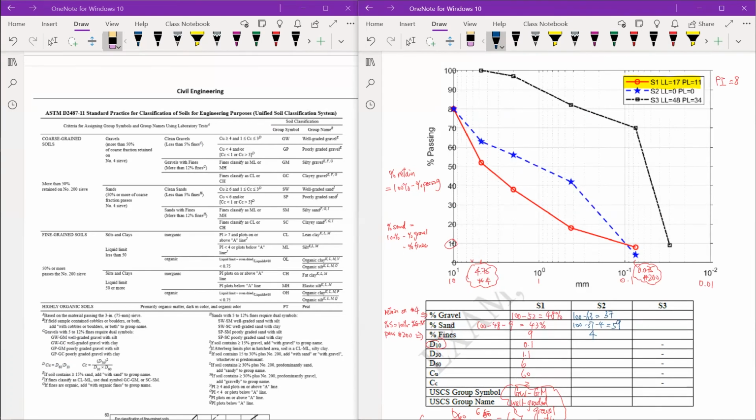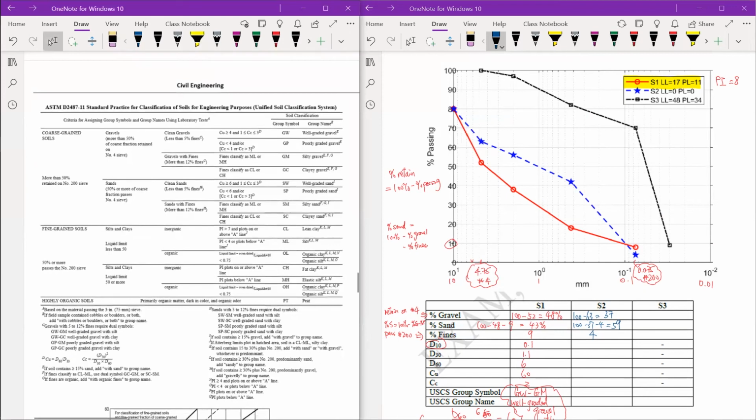With those numbers, next we can go to our ASTM flow chart again, working from left to right. First, we need to determine whether it's coarse-grained or fine-grained material. Since the majority of the soil is retained on number 200, with only 4% passing number 200, we only have 4% fines, but a lot more gravel and sand.